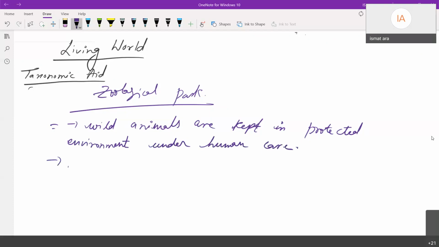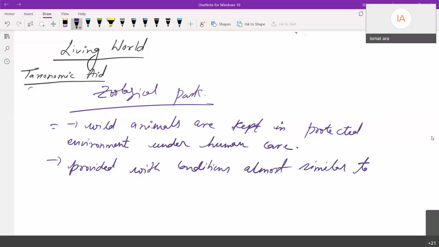And here they are provided with conditions almost similar to natural habitat.